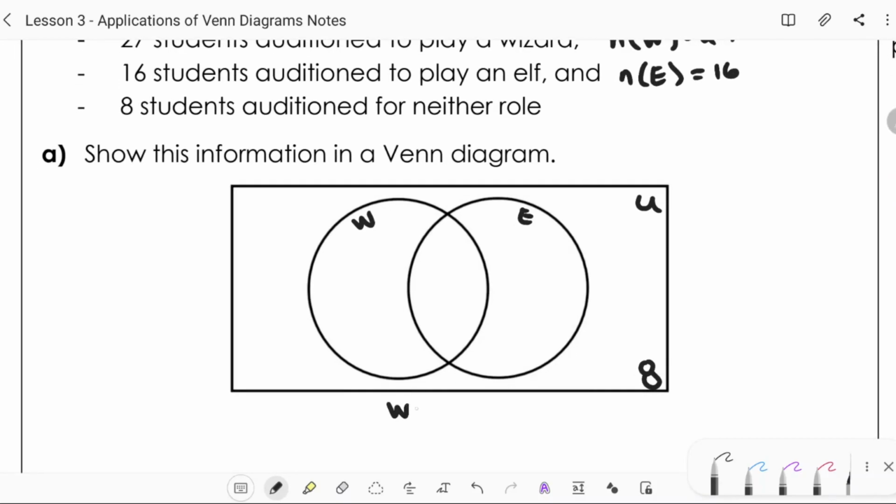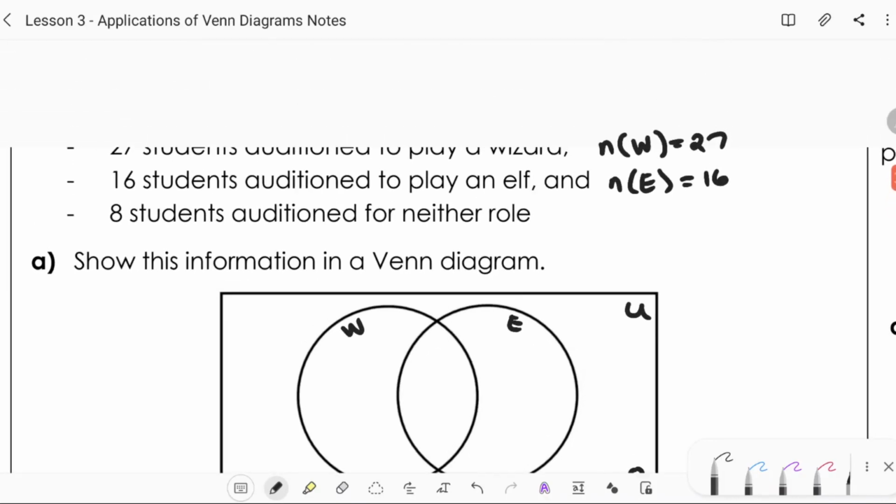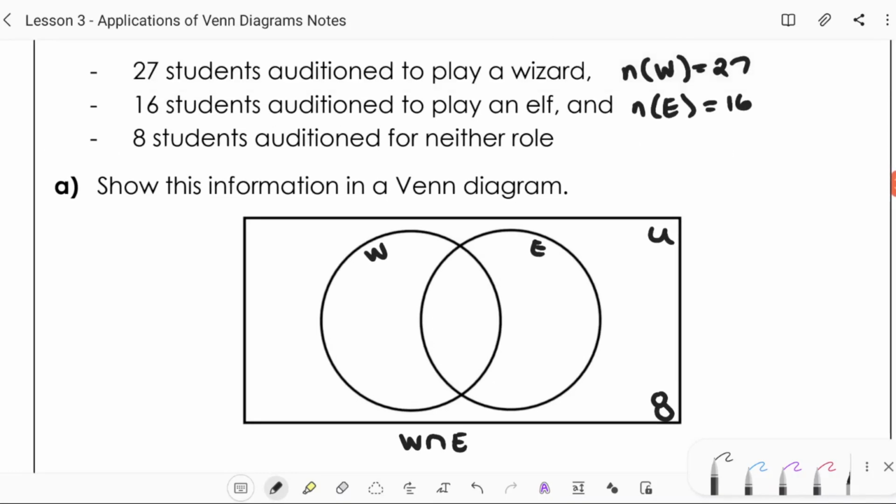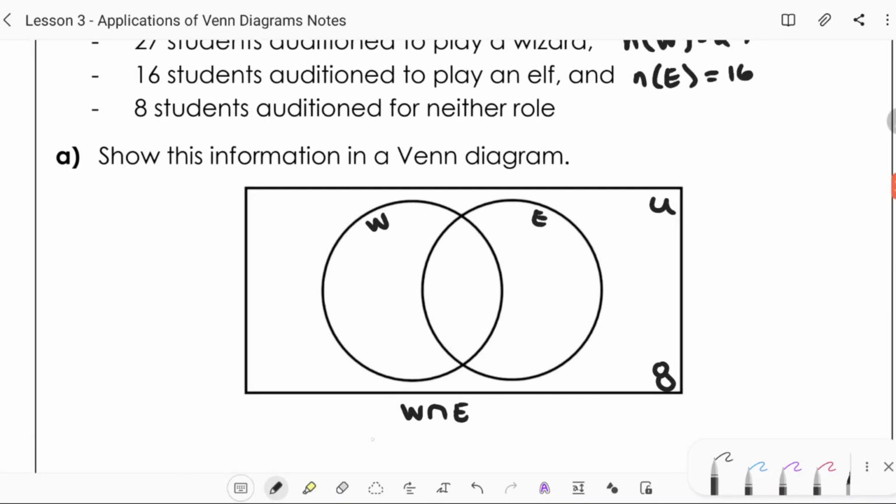So to talk about wizard intersect elf, I know that in total, 27 plus 16 auditions were held. However, there is likely some overlap between students. And so that is 43 students. Okay.